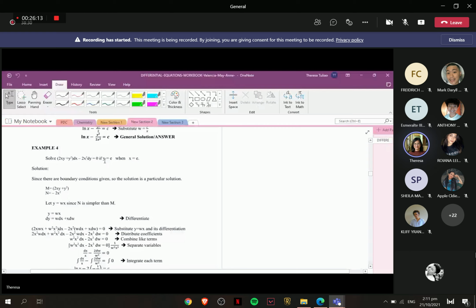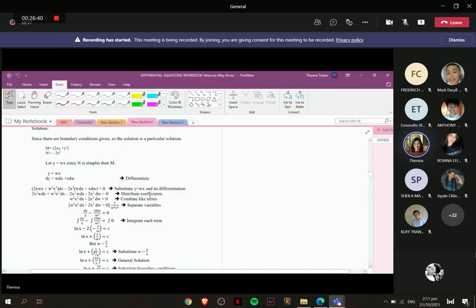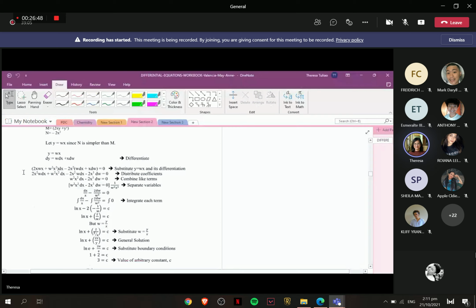So the step is the same hanggang doon sa general solution, and then once you have the general solution, that's where you substitute the boundary conditions that are given in the problem, okay, to solve for the arbitrary constant, and then just substitute the arbitrary constant to the general solution. Okay, so yan ang pinagkaiba kapag mayroong given na initial conditions or boundary conditions. Okay? So, medyo matrabaho, pero madali lang siya.